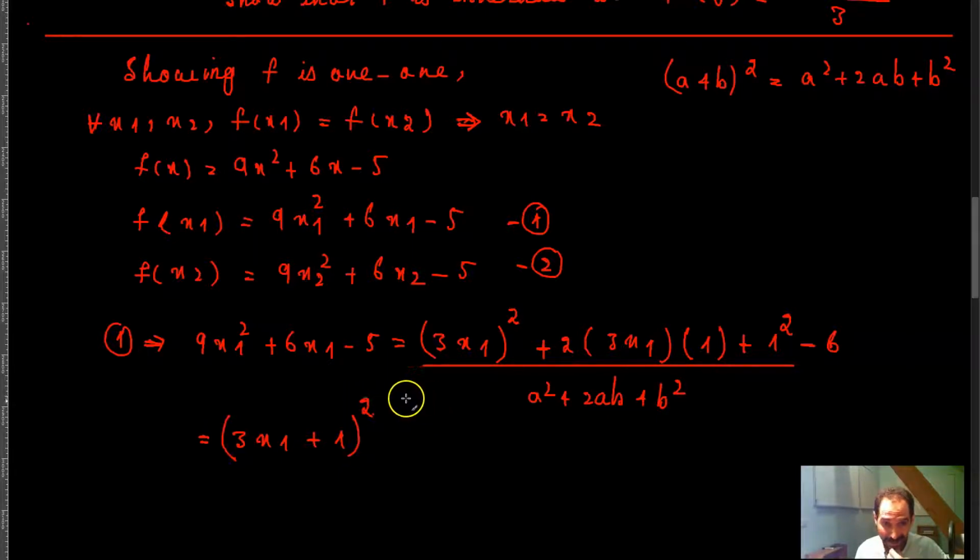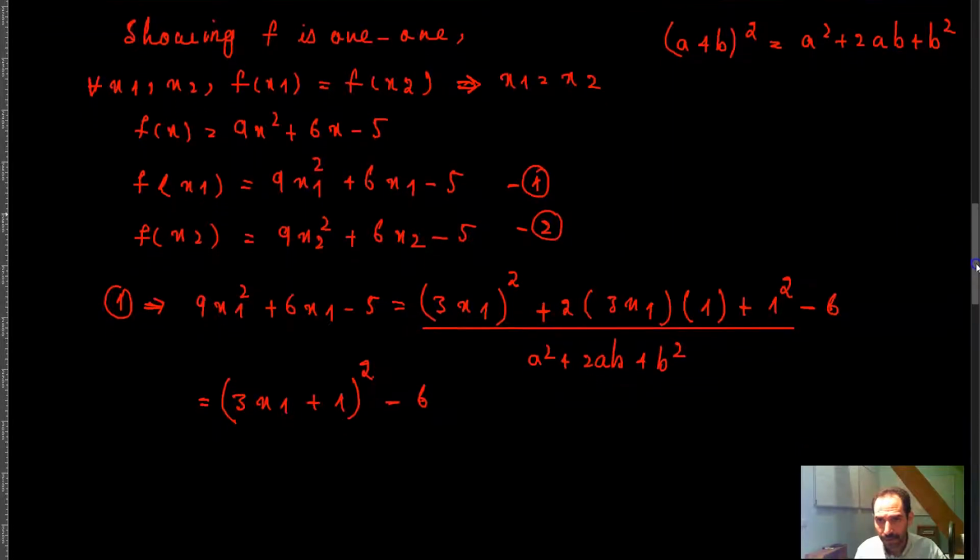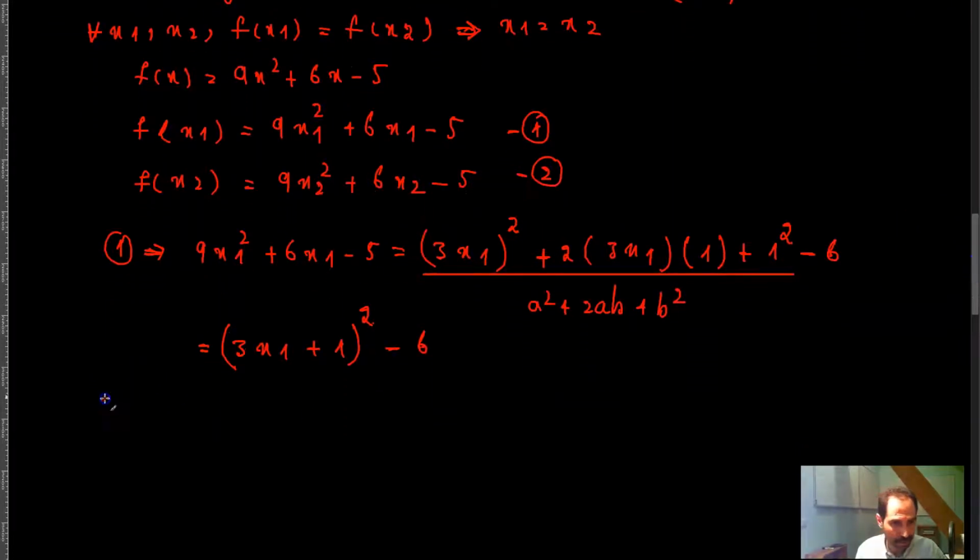So this is now the expression over here, and there is a -6 over here. Now I need to do the same thing with 2, meaning that I write 2 as 9 times x2 squared plus 6 times x2 minus 5.